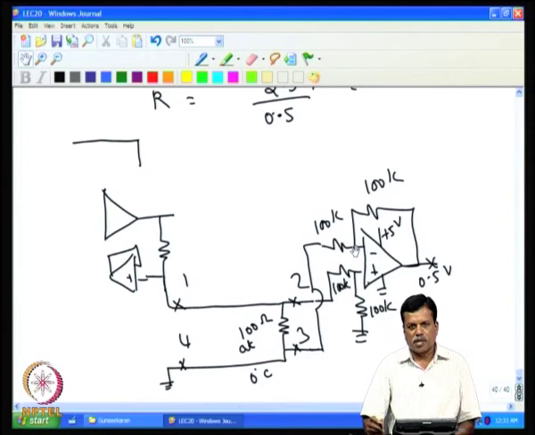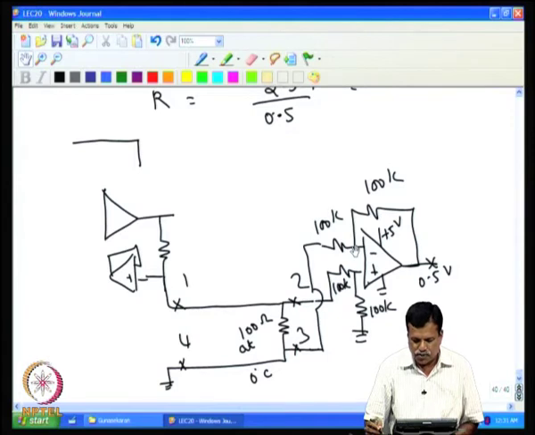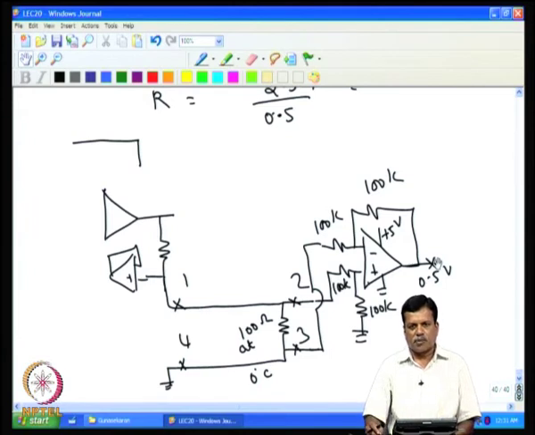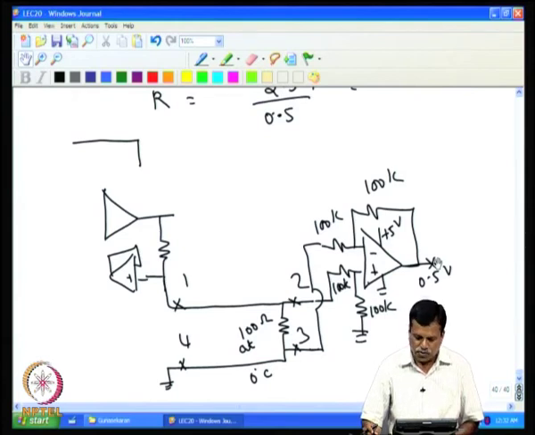Most of the single supply op amps accept 0.25 volt, like LM324. So, one can use this arrangement, there is no problem. You will get the 0.5 volt at the output. Most single supply op amps like LM324 give you a linear output up to 0.5 volt. So, no issue with that.